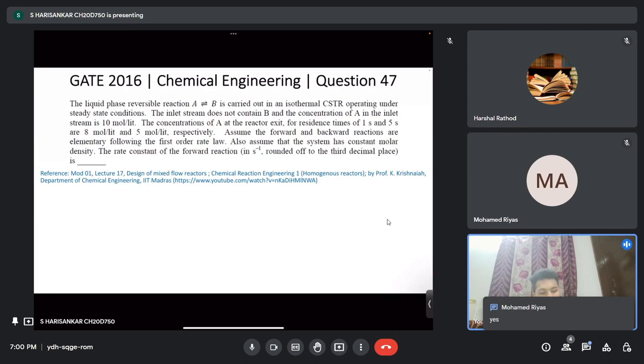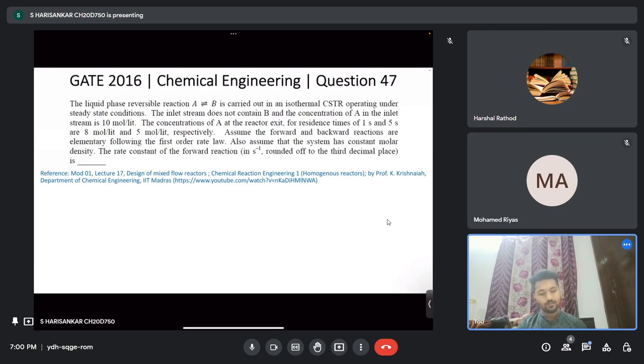So this is a question from GATE 2016 from chemical engineering, question number 47. The liquid phase reversible reaction A reversibly giving B is carried out in an isothermal CSTR operating under steady state conditions. The inlet stream does not contain B and the concentration of A in the inlet stream is 10 mole per liter.